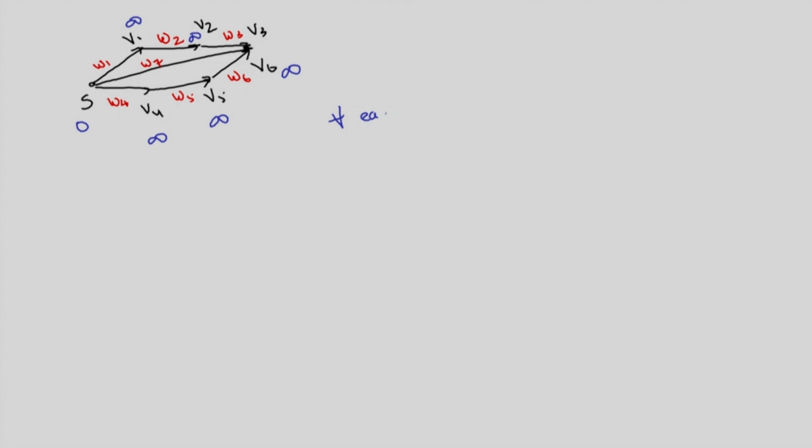For each edge E, let us say E is going from U to V, you will check if the existing shortest path distance to V, dV, is greater than or equal to the distance to U plus the weight on the edge UV.